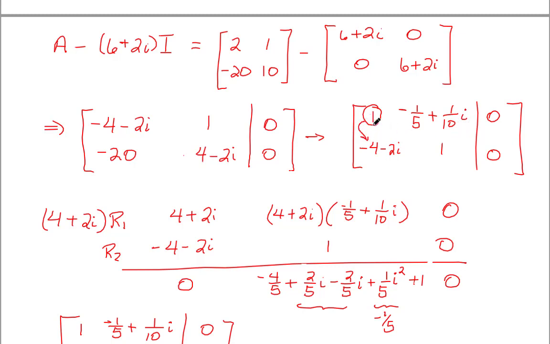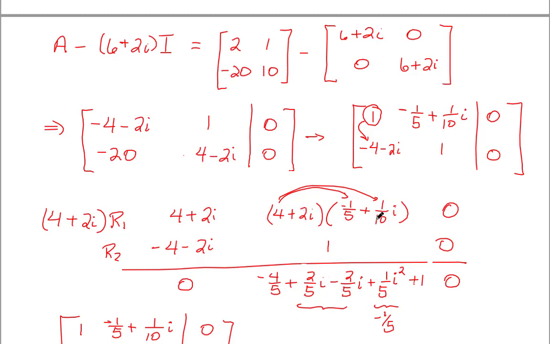Now I'm going to use the 1 to make a 0. I'm going to need a 4 plus 2i, multiplied all the way across by row 1. So I add that to my row 2. This is a 0. What about all this stuff? From this to this, I get a minus 4/5. For this part, I get a plus 2/5 i. I get a minus 2/5 i, so those two terms will cancel.